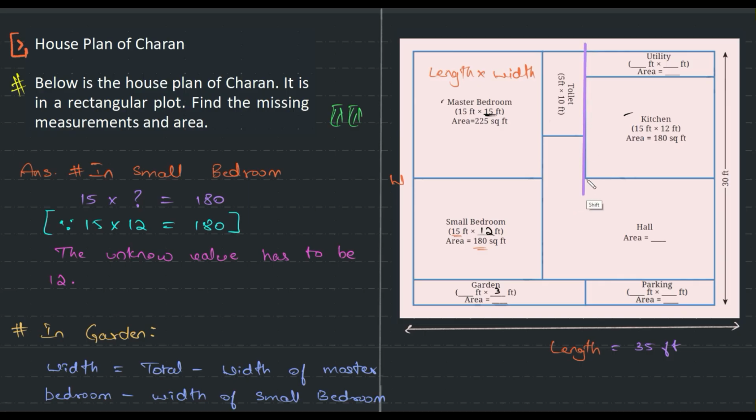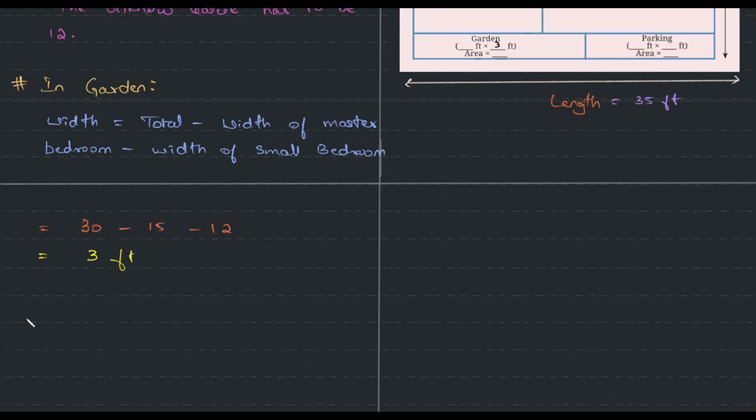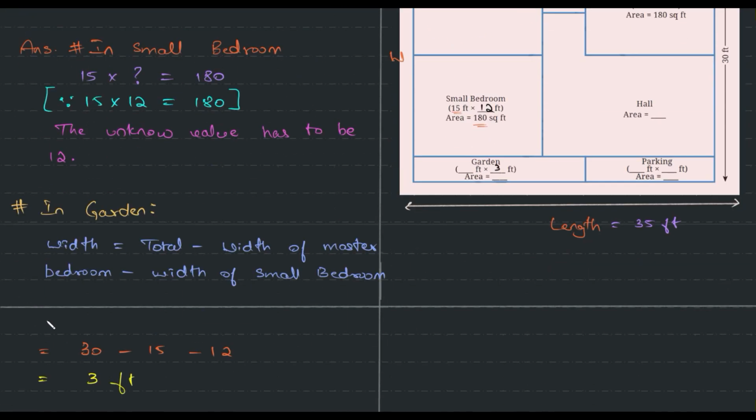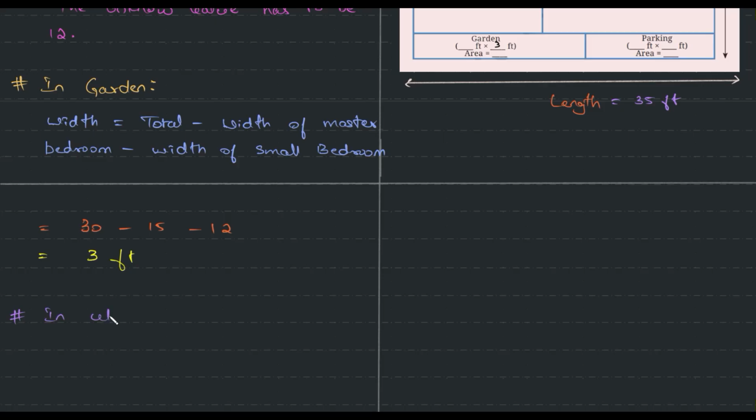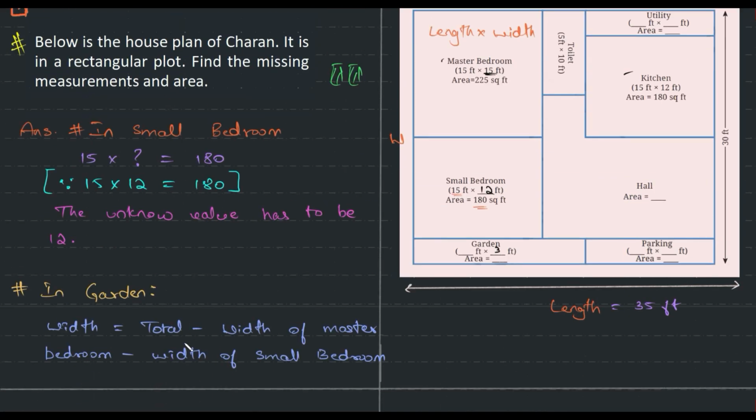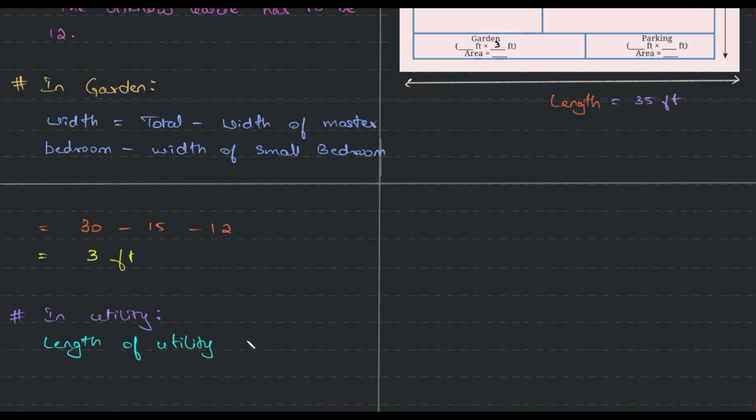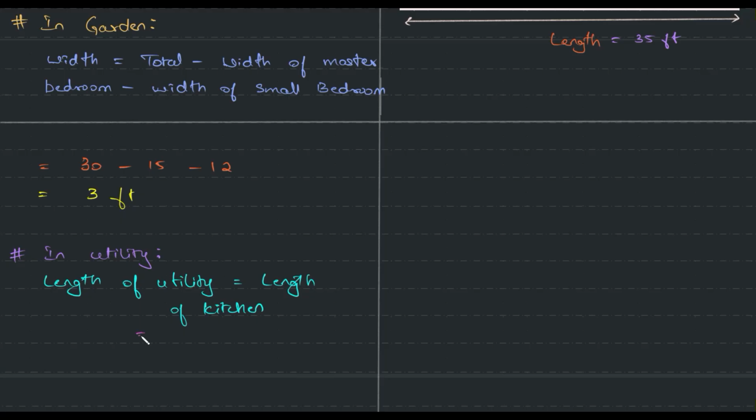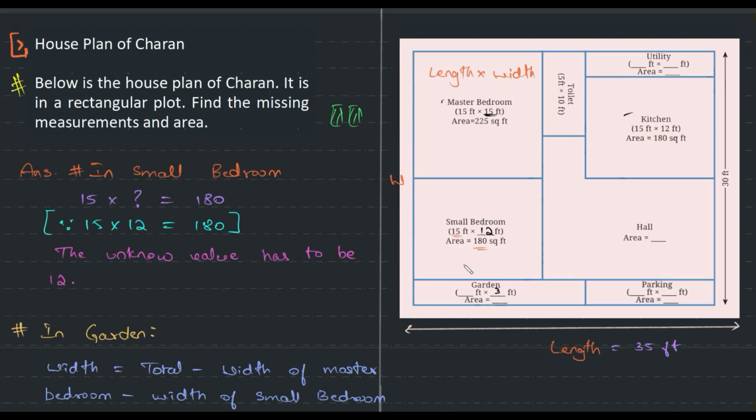Because you can see both have the same length. So the length of utility is the same as the length of kitchen, that is 15 feet. Let's fill this up. 15 feet.